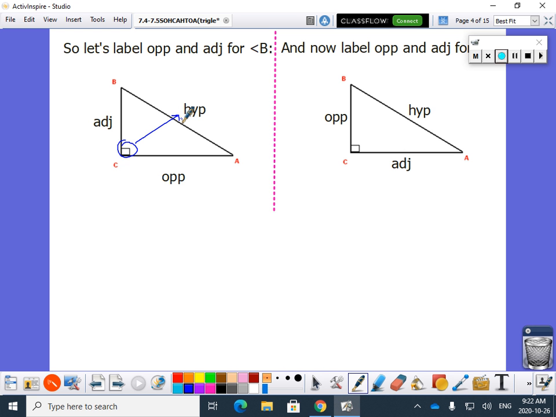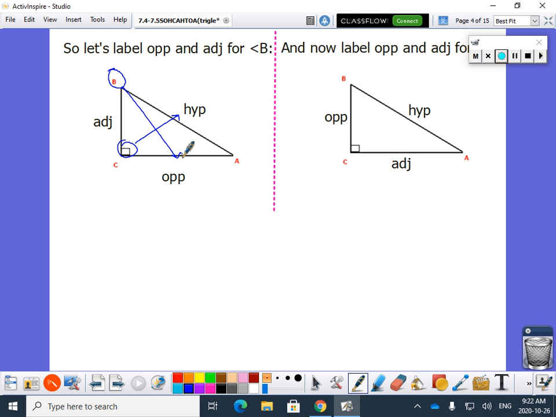Because we are looking at angle B, so actually I'll still use blue. The side across from the angle that you're looking at is always the opposite side. So the side across from B is this guy here, and we always label that opposite. Just is what it is. Then the side next to the angle that we're dealing with is always the adjacent side.